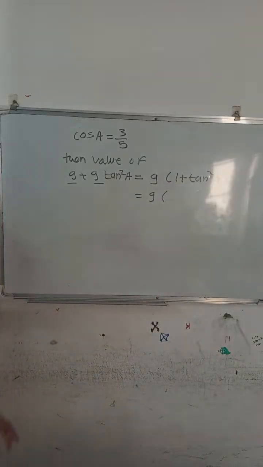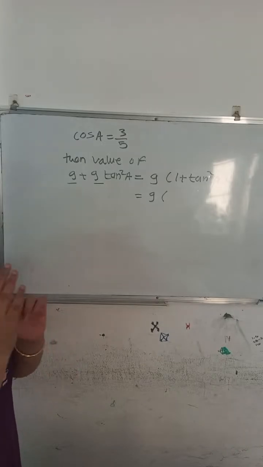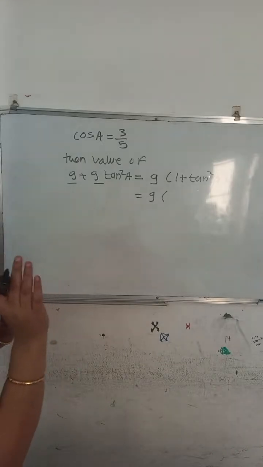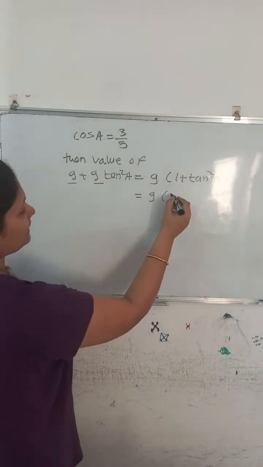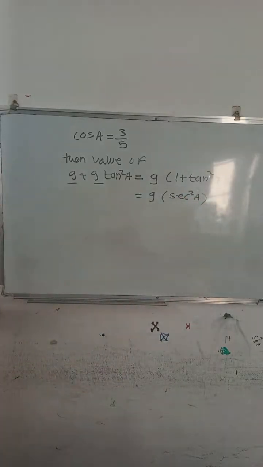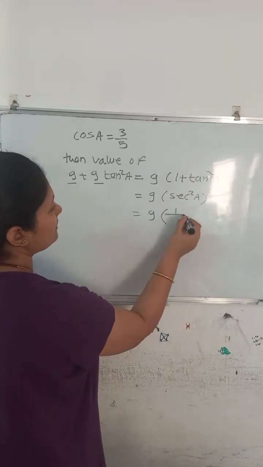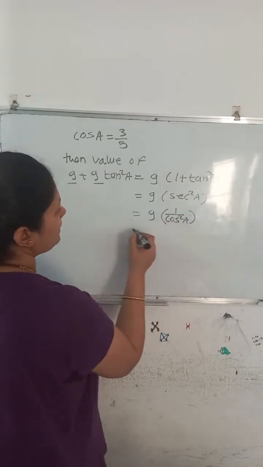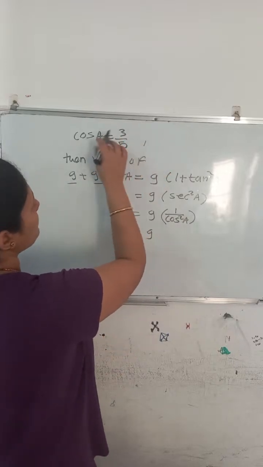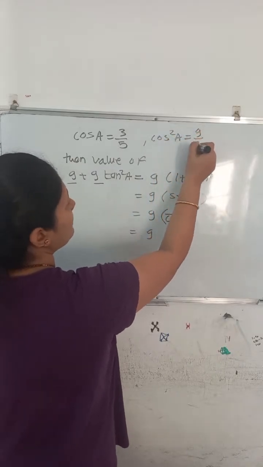If you know the identity, I told you many times, learn the identities. If you don't know the identities, then you have to go for other alternative methods which are very lengthy. So better learn the identities while you have time. So 1 plus tan square A is nothing but sec square A. But I don't know the sec value, but I know sec square is nothing but 1 upon cos square A. And I know the value of cos A, which is 3 by 5, then cos square A is 9 by 25.